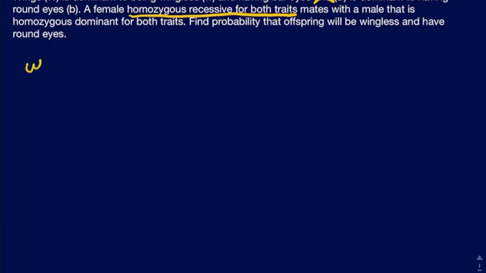Well, that would be small w, small b, small b. So this is mom, and she's going to mate with a male that is homozygous dominant for both traits. So homozygous dominant would mean he's got the dominant allele of both genes. So that's big W, big B, big B.